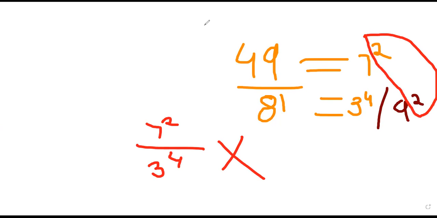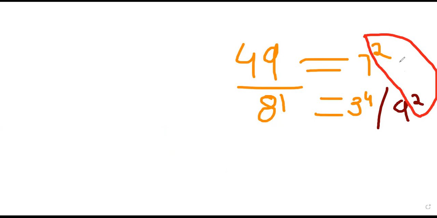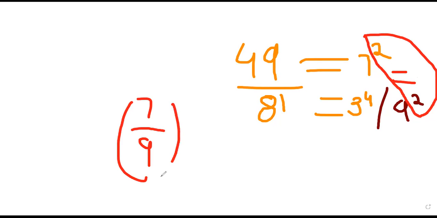We cannot write like that. This is not in the standard form of power notation. We require the power same. So here it will be 7 by 9 whole square. Okay? I hope you all are understanding.